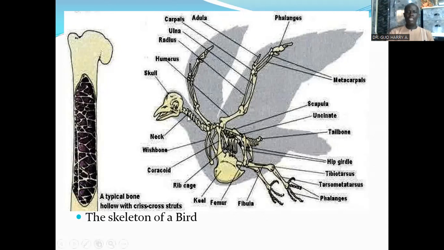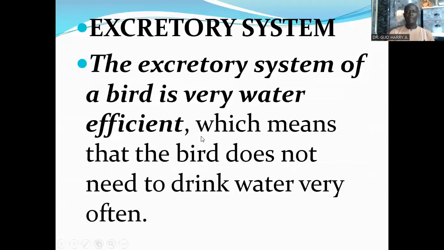This is the cervical vertebrae, the neck bone. You can see the number of bones is very many. They have long necks compared to other vertebrates. The sternum, the breastbone, is keeled, fused and flat, and that enables it to attach muscles for flight.